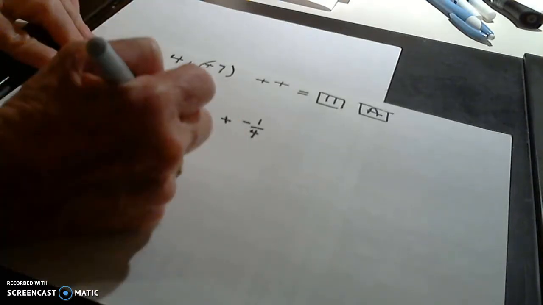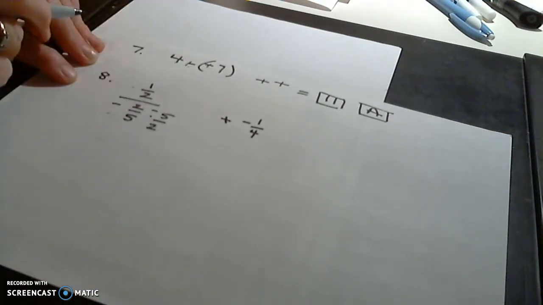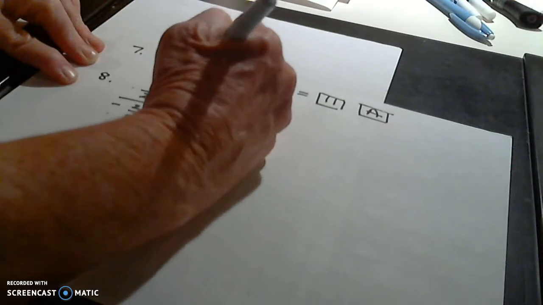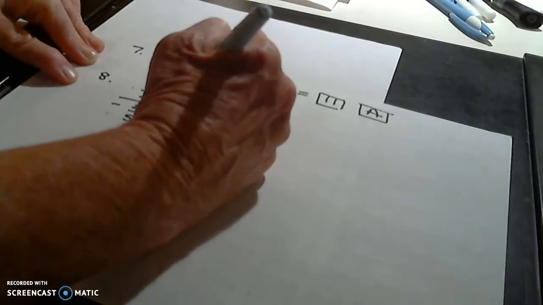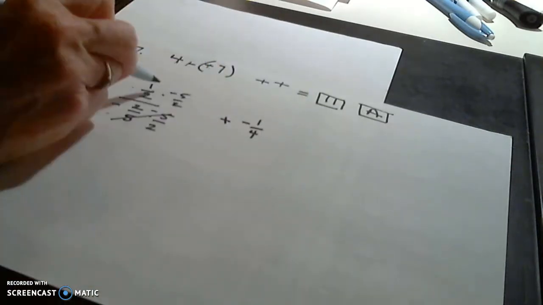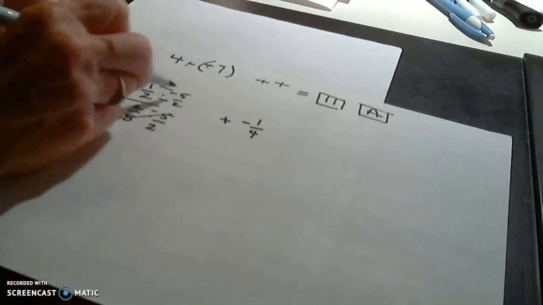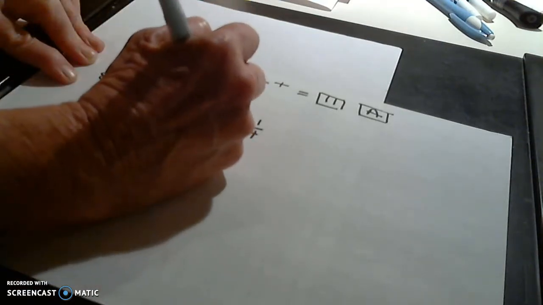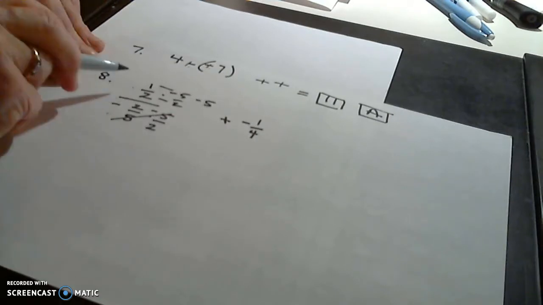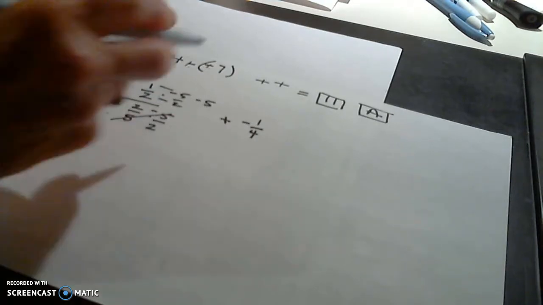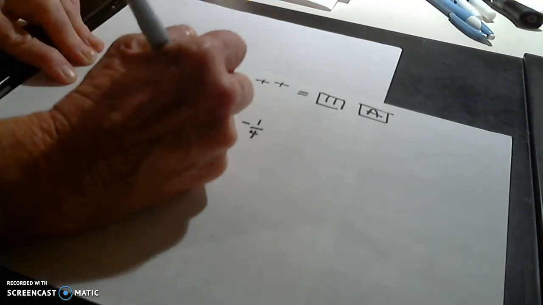If I multiply the bottom by negative 5/2, I must also multiply the top by negative 5/2. The bottom disappears. Multiply straight across. 1 times negative 5 is negative 5, and 2 times 2 is going to be positive 4.